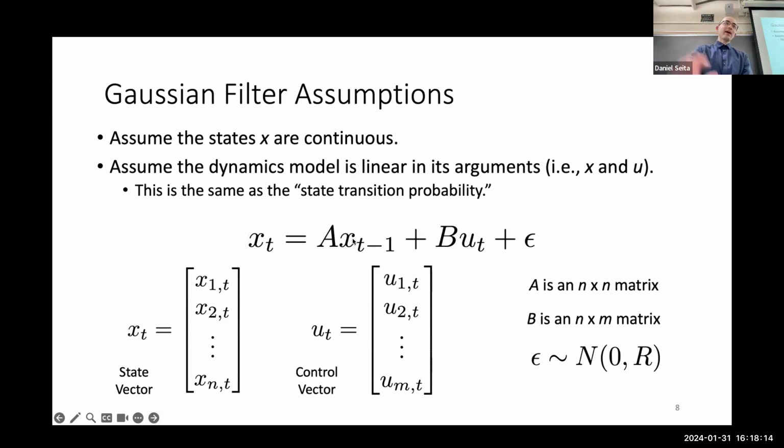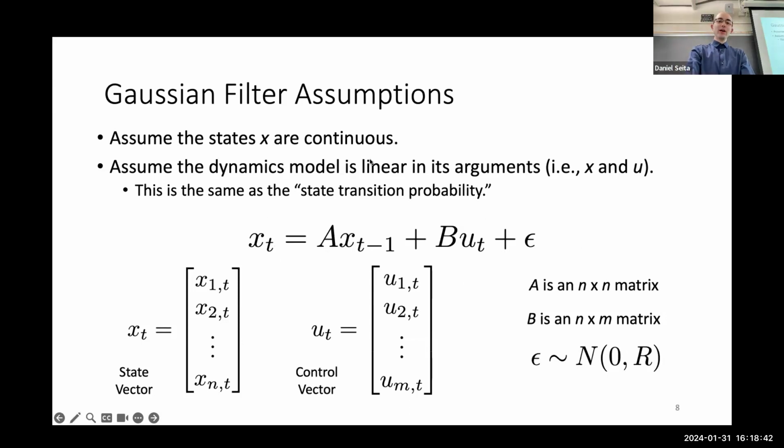A is how the state transitions if there's no noise and no control. And then B is the matrix that maps the control into a term that you just add to the other vector. And R is the covariance matrix of the noise here.